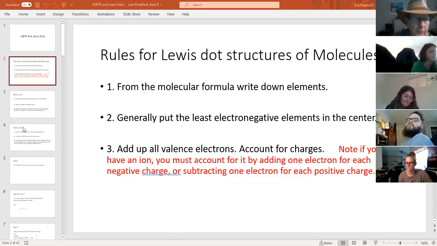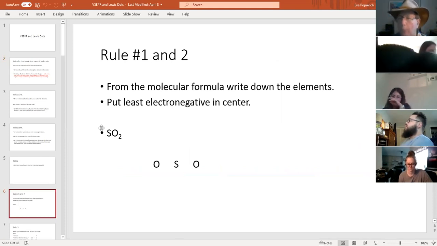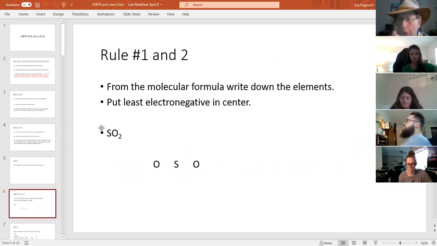So let's go through and do a normal one first. I have SO2. Sulfur's not as electronegative as oxygen, so I'm putting it in the center.